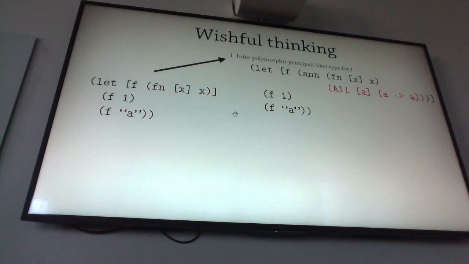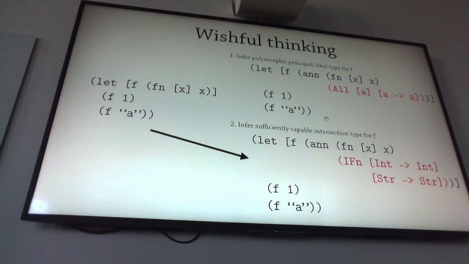You can imagine a couple of wishful thinking solutions. The first is we could magically infer some sort of principal type for the function up here, and then just annotate it for all A, and then it instantiates using the normal type argument inference. Another is inferring a sufficiently capable intersection type for f, to say that to type check this, f needs to at least be able to accept an int and a string.